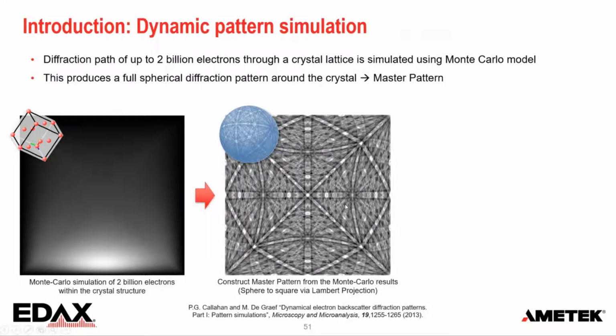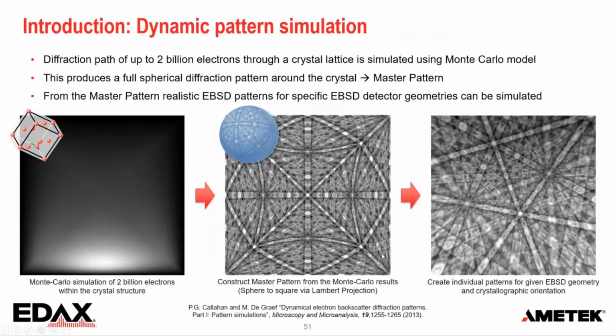So we can just calculate and define the diffracted intensity all around the crystal in a sphere. Then we can just modify that into a flat display by a projection, but of course it's a three-dimensional structure.